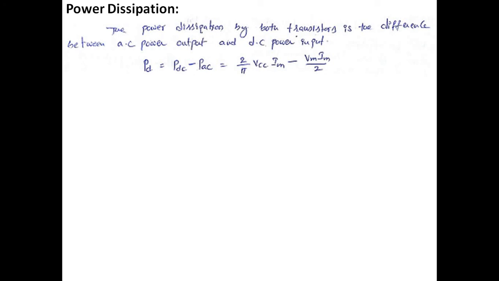We have already calculated both the PDC as well as PAC, substituting them: 2Im by pi into VCC minus Vm Im by 2. We know the formula for Im. Im is equal to Vm by RL dash. Here also the same thing. You substitute Im is equal to Vm by RL dash.